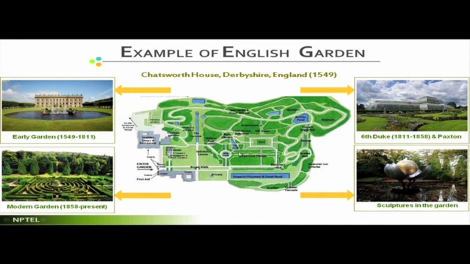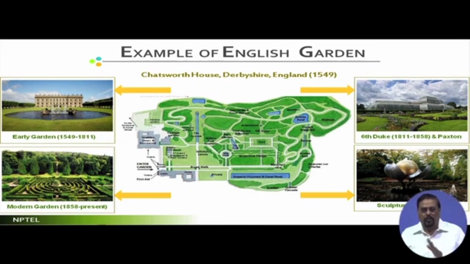What is interesting is it has evolved over time. Of course, we have seen that almost all the gardens have evolved, and chronologically most of the European gardens have evolved over say 200, 300, 400 years. The English garden is still evolving.